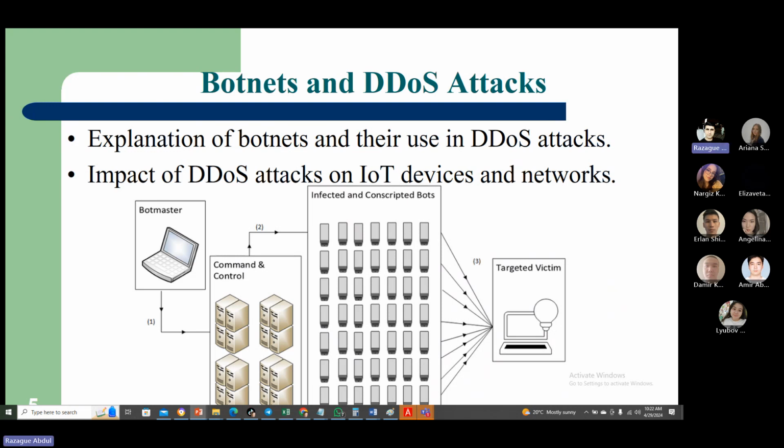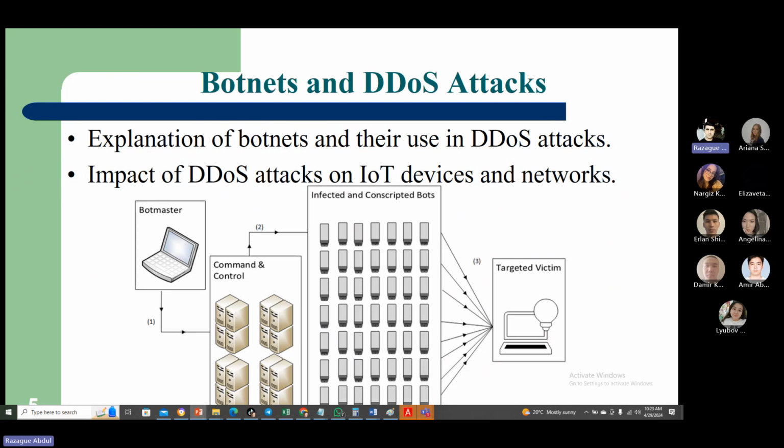And second, we see here command and control servers. These servers relay the bot master's instructions to the infected and conscripted bots, and the command and control servers are central to the operation of the botnet.